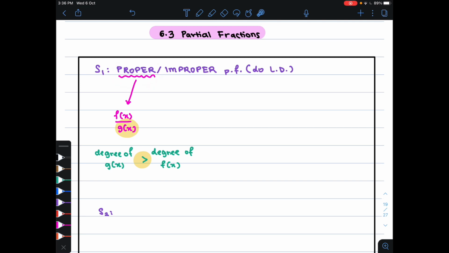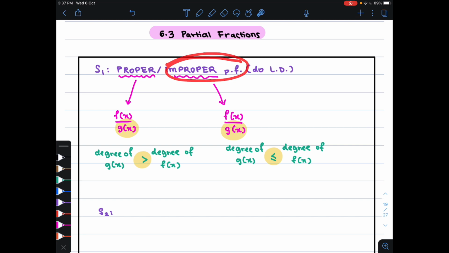Now, what about improper? Say that you have f(x) and g(x). Look at g(x). If the degree of g(x) is less than or equal to the degree of f(x), then this is an improper partial fraction. Hence, it is compulsory for you to do long division. Say that you have x squared divided by x squared plus 1.